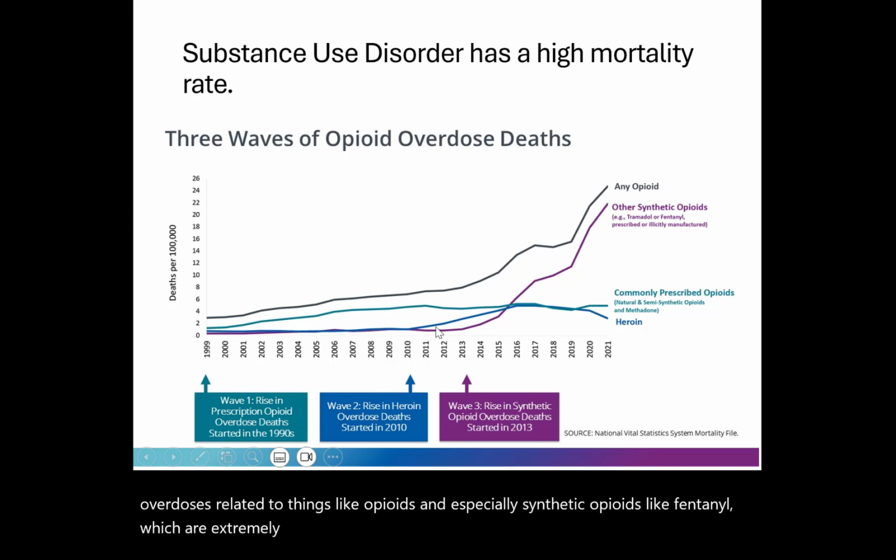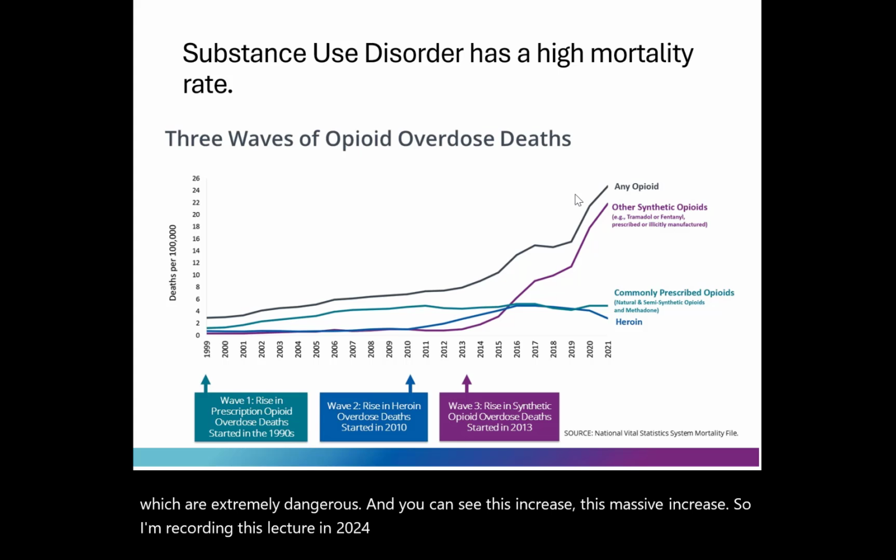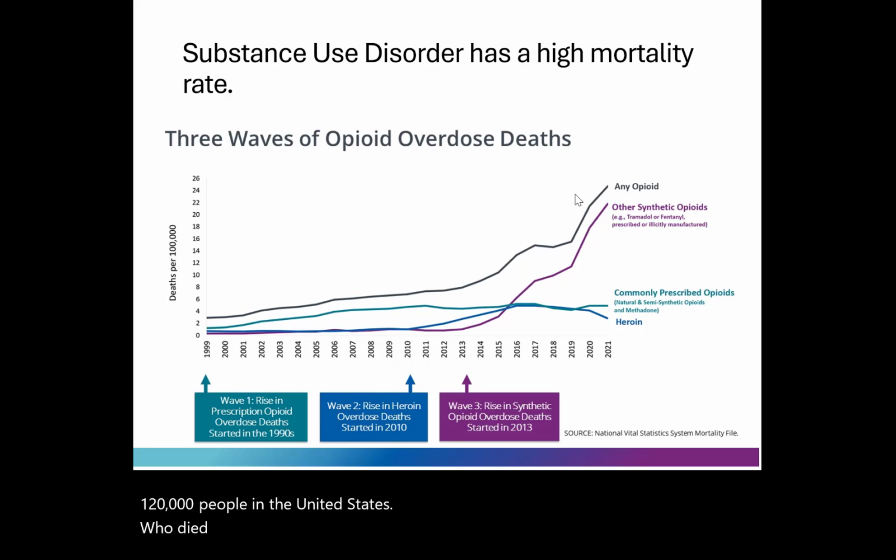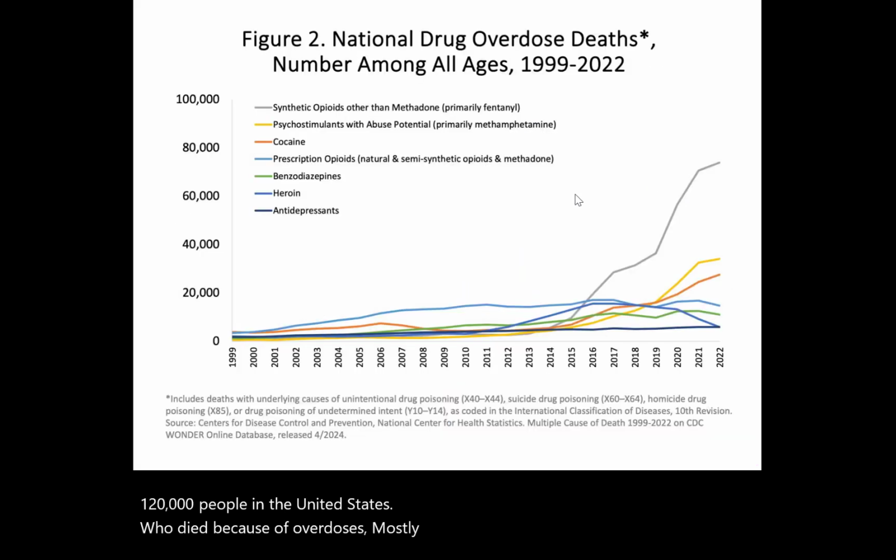And you can see this massive increase. I'm recording this lecture in 2024, and last year there were, I think, between 110 and 120,000 people in the United States who died because of overdoses, mostly related to opioids, but other things can cause death and overdose as well.